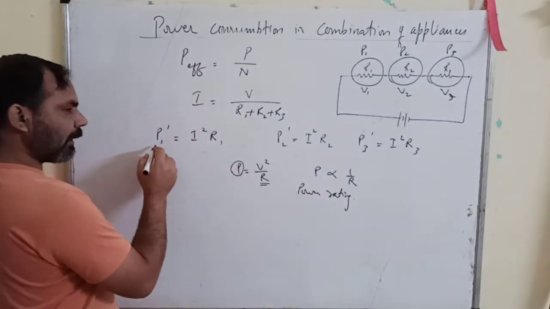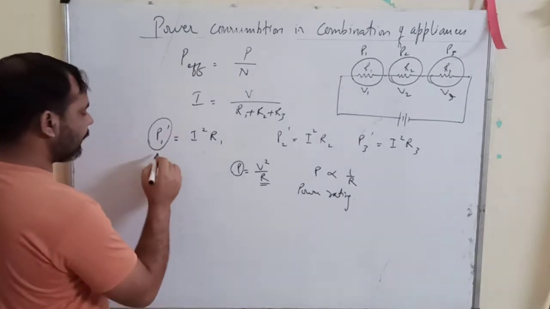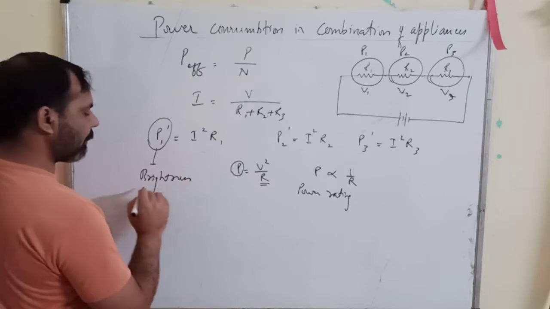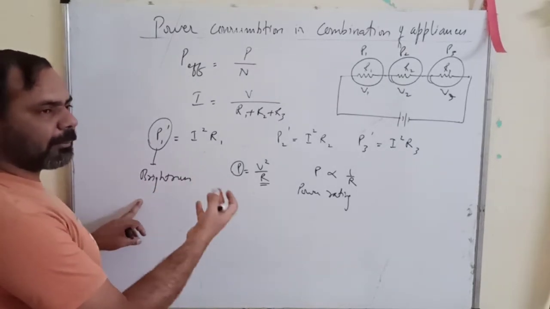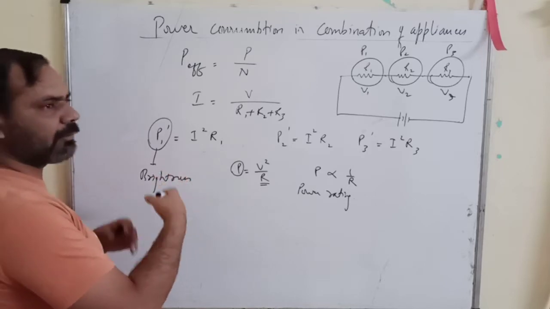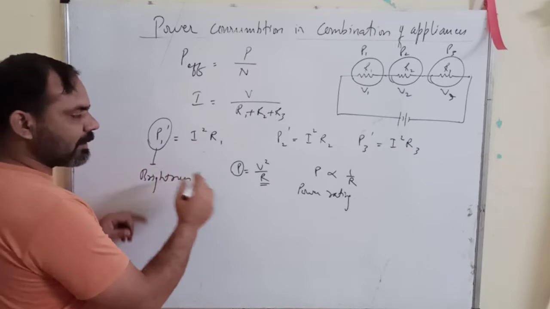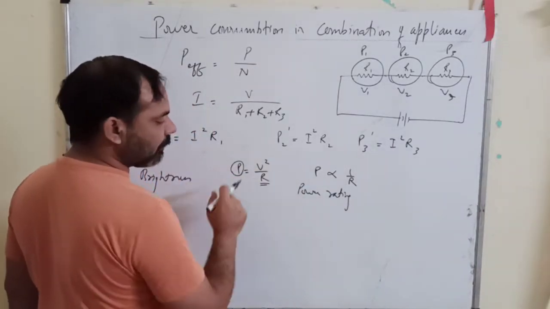This is the brightness of the bulb, the amount of energy converted per unit time in the form of heat and light. So this is the formula for brightness, and this is your power rating. Power rating is inversely proportional to R.